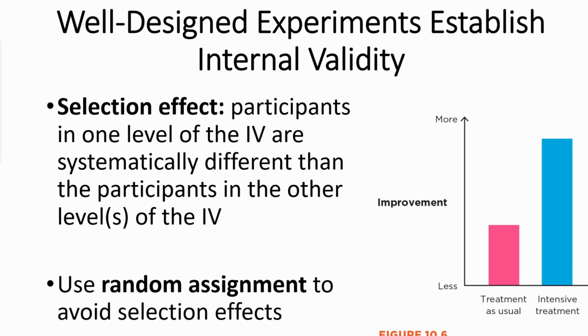To get around this, researchers could enforce random assignment. They could say, no one's allowed to switch, we have to just use random assignment. But for this study, it's difficult, because what if the parents physically can't make it to the more intensive treatments and then they drop out of the study?